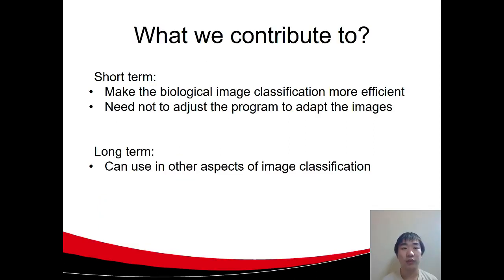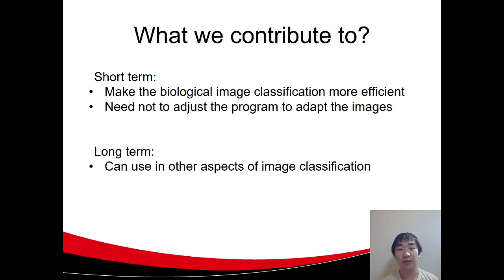The things we do in the short term can make biological image classification more efficient, because now biological image classification uses one kind of program to classify one kind of biological image, so it's not flexible. We can make it more efficient and flexible, without having to adjust the program to adapt to the images.